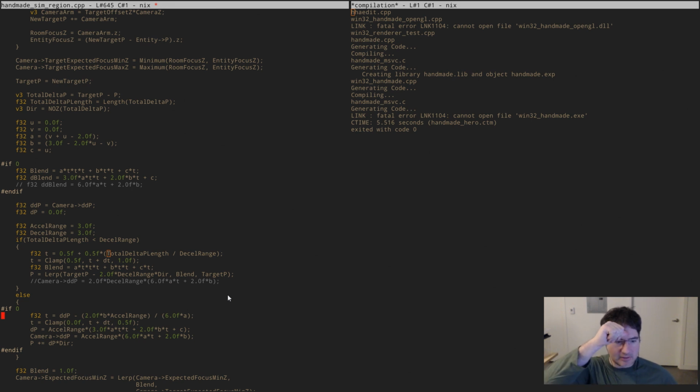So what I could do is solve for the curve that starts from this point with this velocity and hits the other point with a velocity of 0. What would the curve be? But I still don't really know how far along that curve to step.